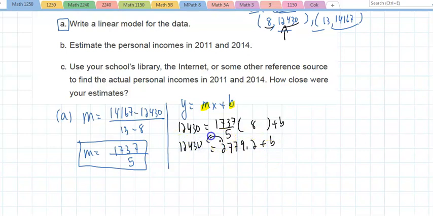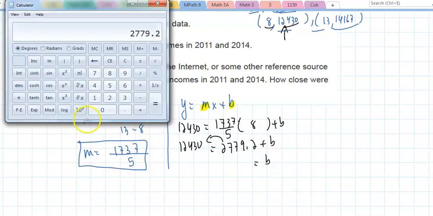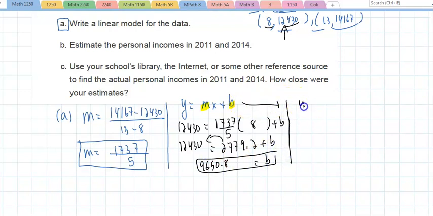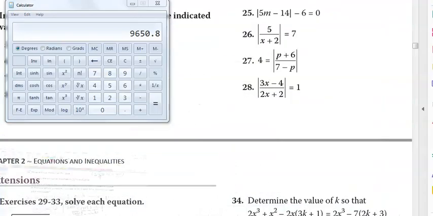And if I subtract that from both sides, if I make that negative, there it is, and add to it 12,430, I will get 9650.8. Be careful with the decimal because that's in billions. So my equation is that y equal m is right there. And you know what? Might as well.